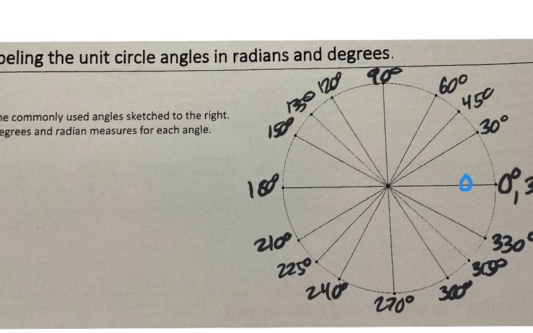Every 30 degrees is pi over 6 radians, right? So if I go 30 degrees, I went 1 pi over 6. If I go another 30 degrees, that puts me at 2 pi over 6. Another 30 degrees puts me at 3 pi over 6.